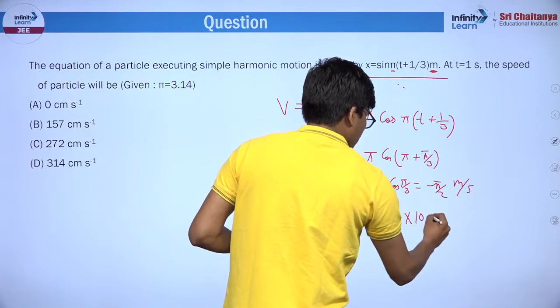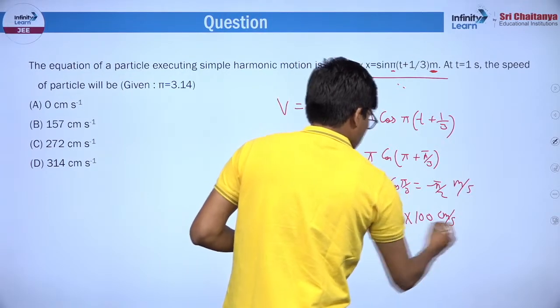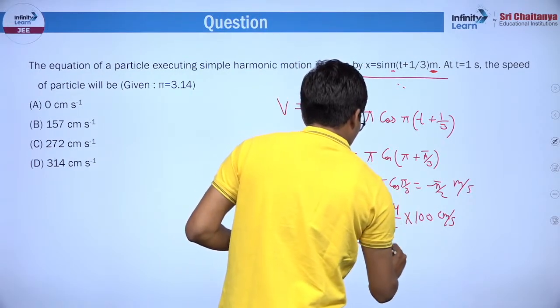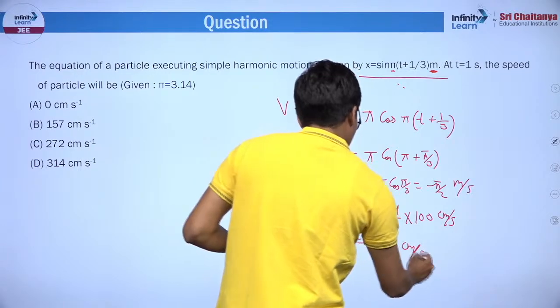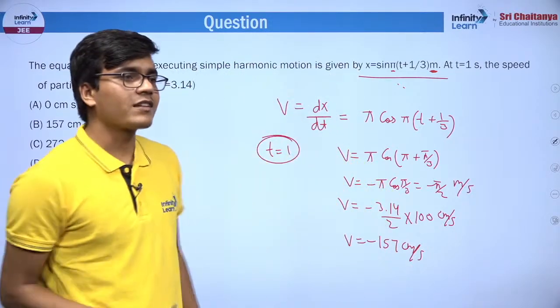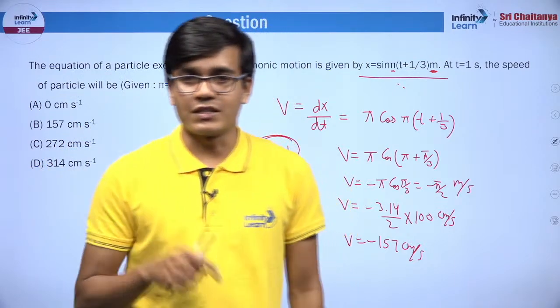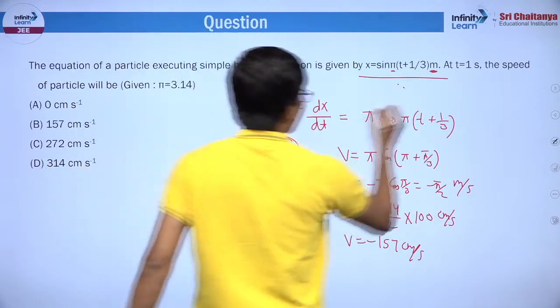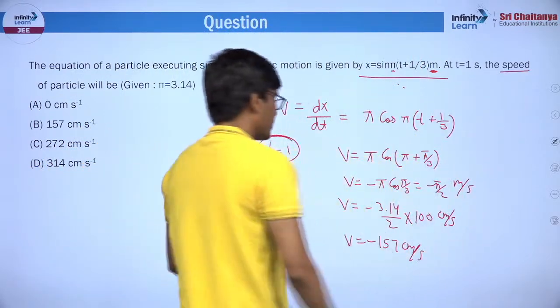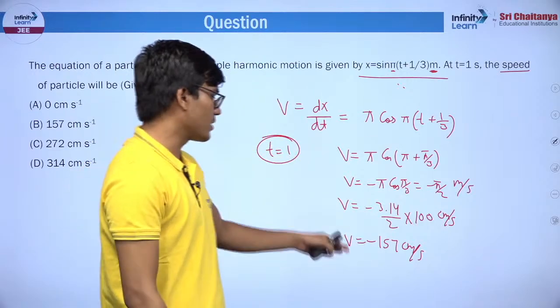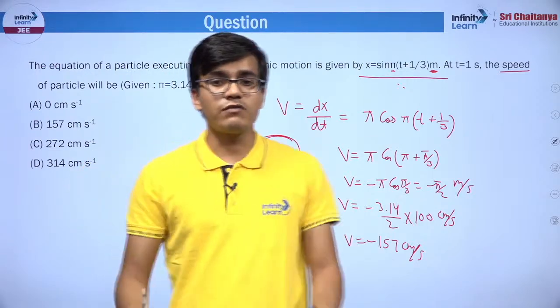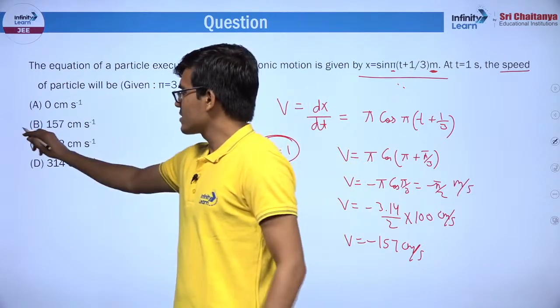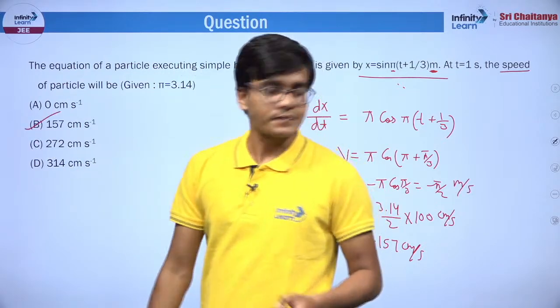Pi is 3.14, so it will be minus 157 centimeter per second. But they are not asking you this velocity, they are asking you the speed of the particle. It means you need to tell the magnitude of this, and minus is telling you the direction. So magnitude is 157 centimeter per second, that is B option.